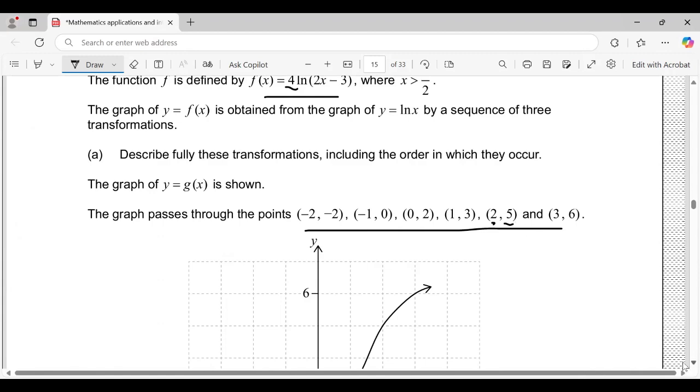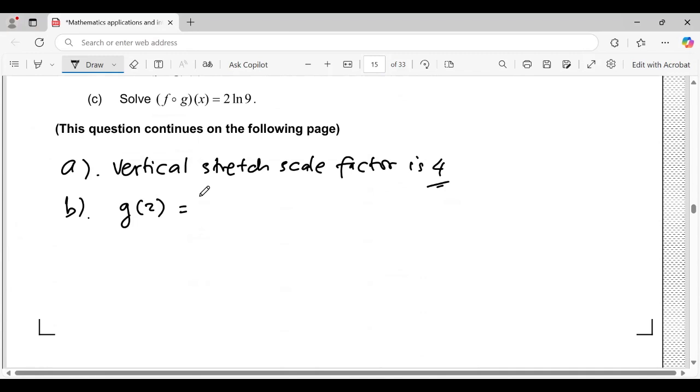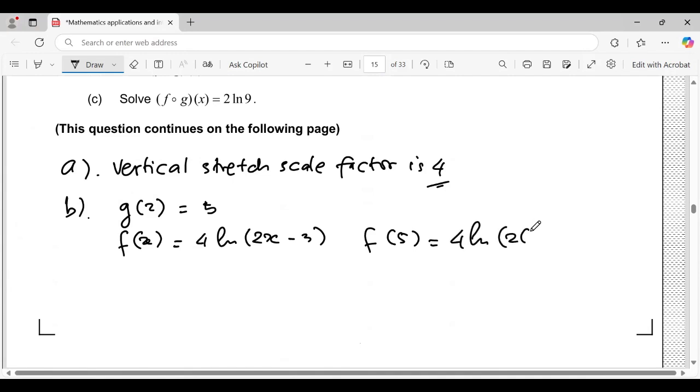It means g(2) equals 5. And as well, f(x) equals 4 ln(2x minus 3). So substitute this 5 into f(x), because we are going to find f of g(2). f(5) equals 4 ln(2 times 5 minus 3).